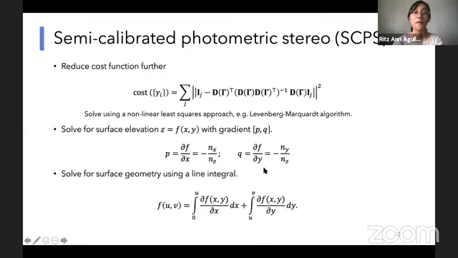We can further employ a non-linear least squares approach called the Levenberg-Marquardt algorithm to optimize the lighting parameters. After optimizing, we can solve for the surface elevation from the extracted surface normal, and then just use a line integral to extract the 3D shape of the object.